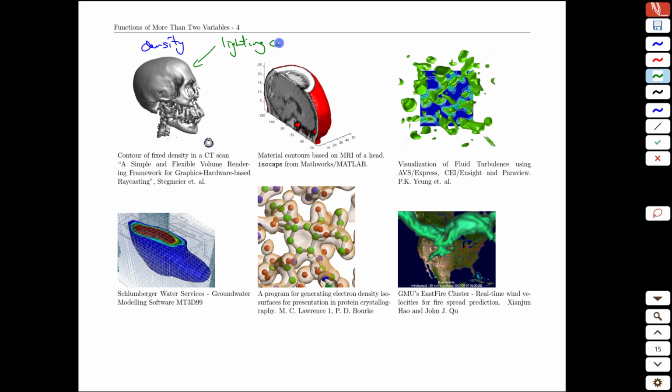And that gives the two-dimensional image a sense of proportion and depth from the lighting effect. And what we would see here is a surface defined by getting above a certain density. In other words, moving from the density of skin into the density of bone, this surface would be a level surface of that density function.